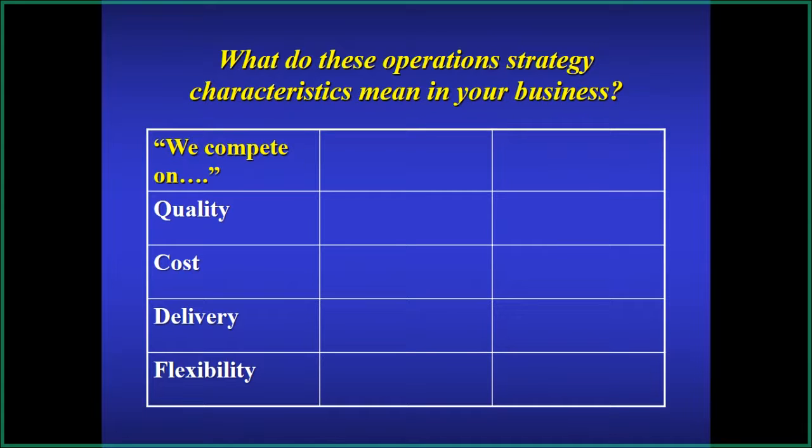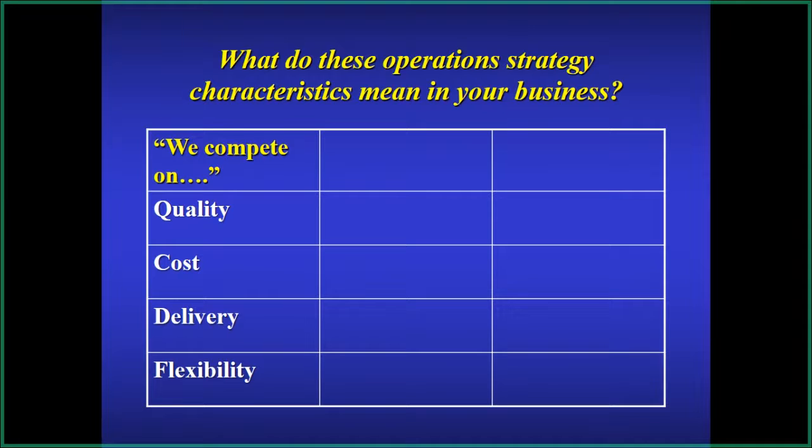But think about the dimensions for a minute that I want you to evaluate your company on. What does it mean that we compete on quality in your industry? What are your customers looking for? If they say you're a high quality operation, what are they actually picking up on? And it's different for different customers. That's the thing.